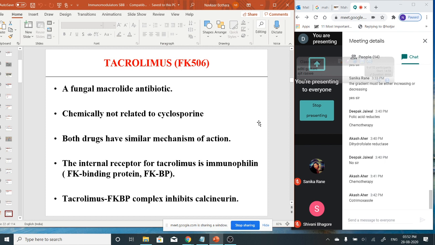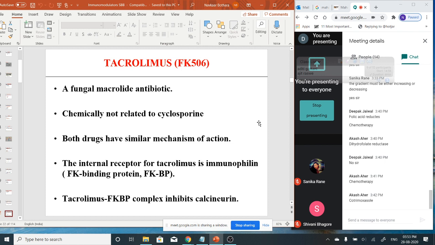Why FK binding protein? Because when people tried to understand the mechanism, it was found to be something different from cyclosporin. Cyclosporin was old. So they called the site where it binds FK506 binding. Slowly they removed 506 and the name became FK binding protein.